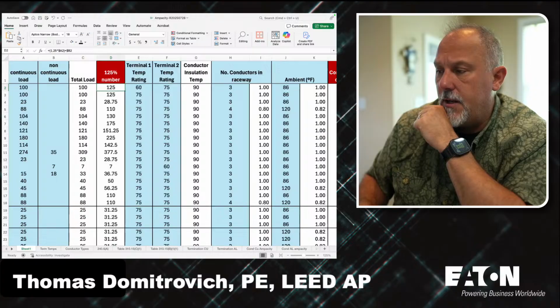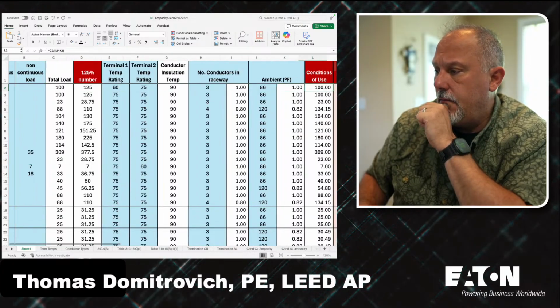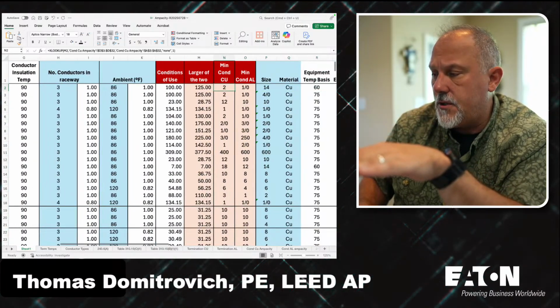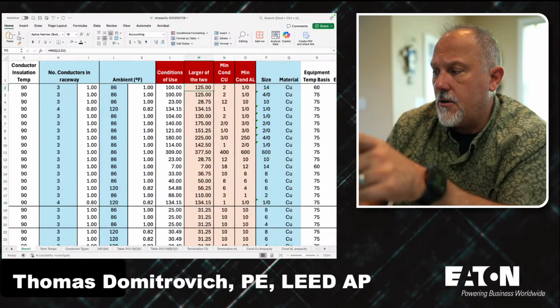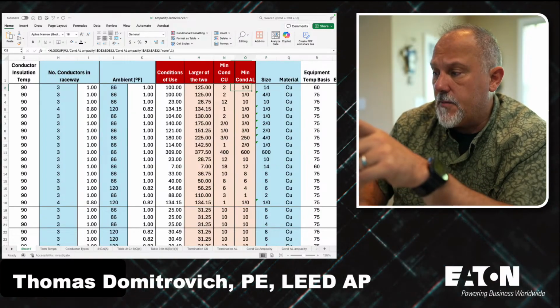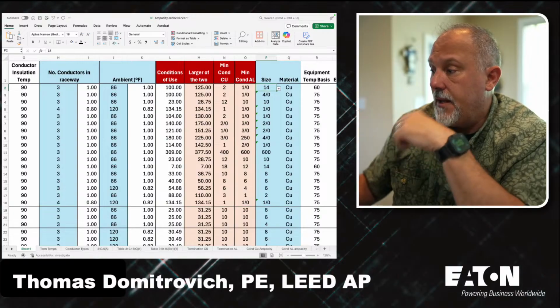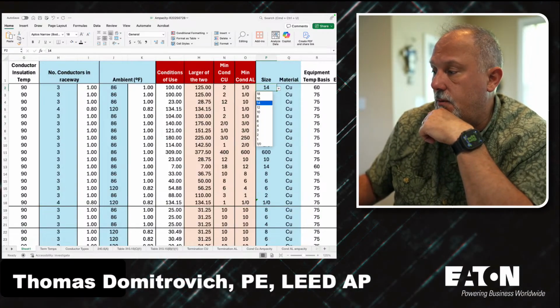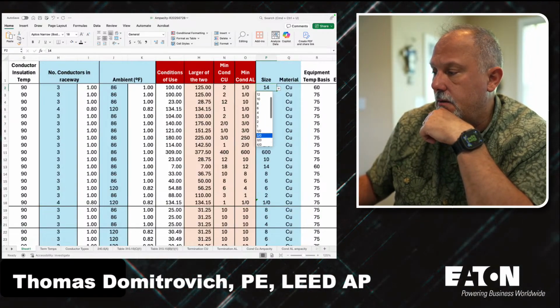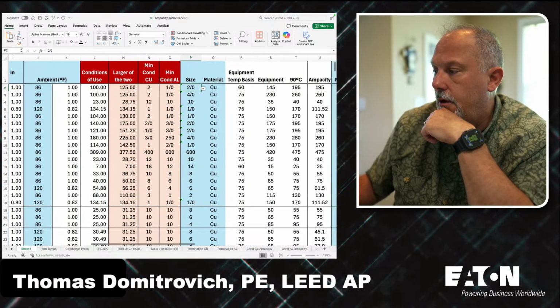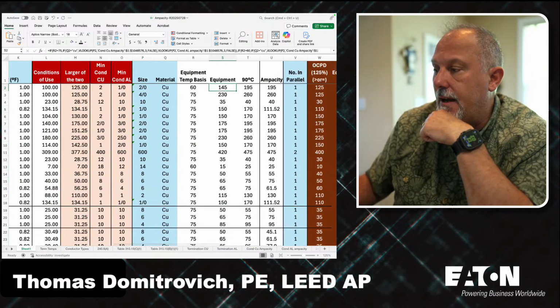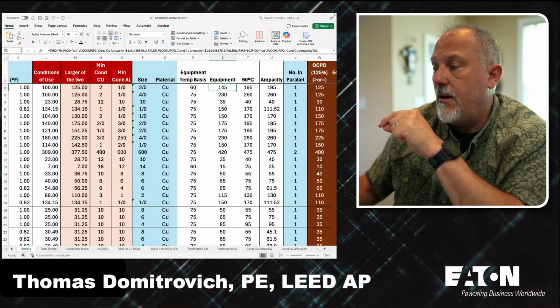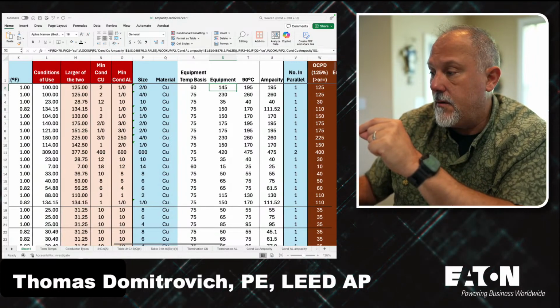If I have a 100 amp load, in the standard conditions of use, the larger of the two is 125 amps. My minimum size conductor is a 2-aught. If I pick a 2-aught conductor, that tells me my equipment has to be protected at 145 amps.